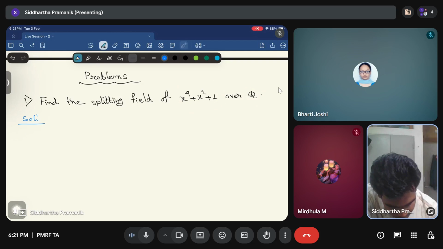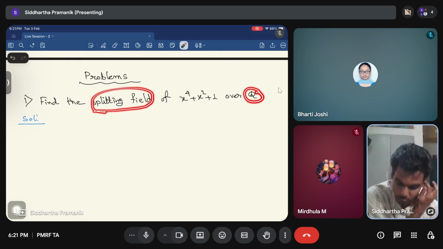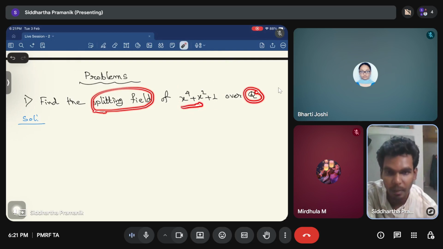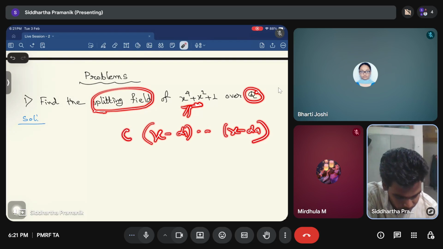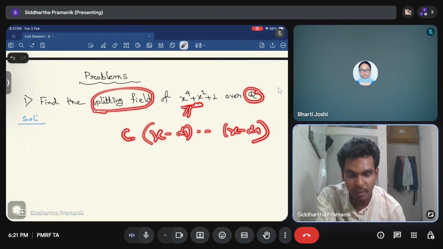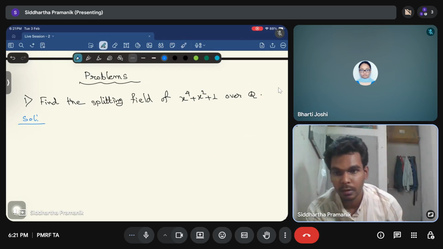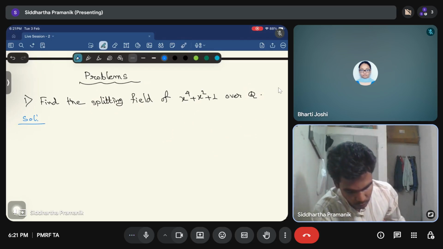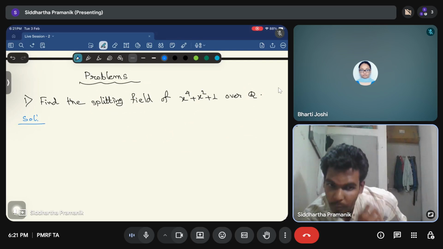Splitting field means the smallest field extension of Q in which this polynomial splits completely, right? That means we can write this polynomial as a product of linear factors. So we need to find the smallest extension in which this happens. For that, the important thing is we need to find the roots of this polynomial.